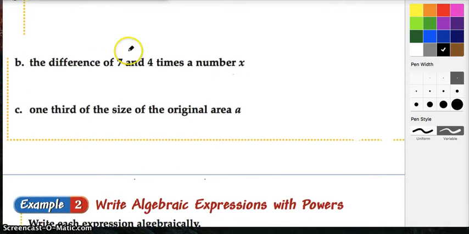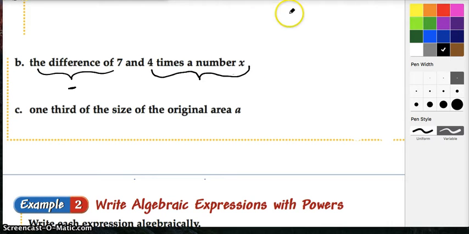Let's take a look at this next example. The difference of 7 and 4 times a number x. So hopefully you recognize the word difference is referring to subtraction. So right here, we know that we're dealing with a subtraction problem. We're talking about the subtraction between two things. What are the two things? 7 and this thing, 4 times a number x.